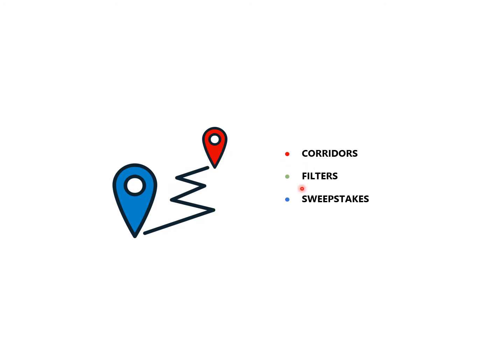A filter, on the other hand, is sort of exactly what it sounds like. It could be a route like this between two areas, but it's going to be different in some way between these two habitats that's going to prevent some organisms from getting through here and not prevent others. So basically, some organisms will get filtered out and will not be able to disperse, and other organisms will be able to.